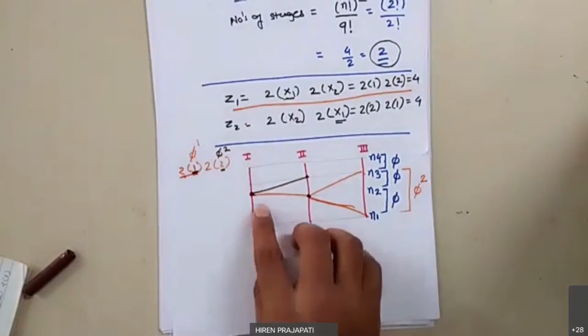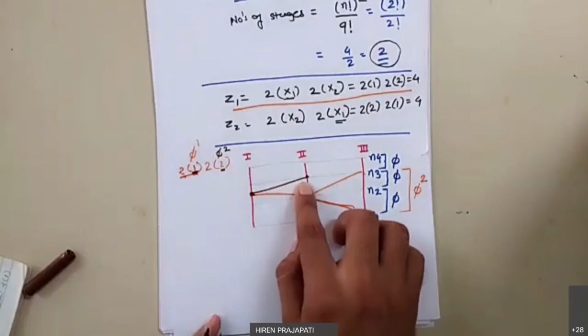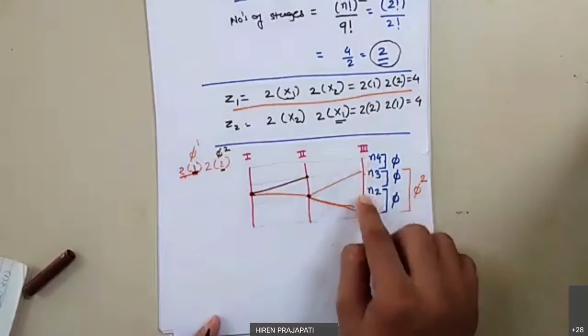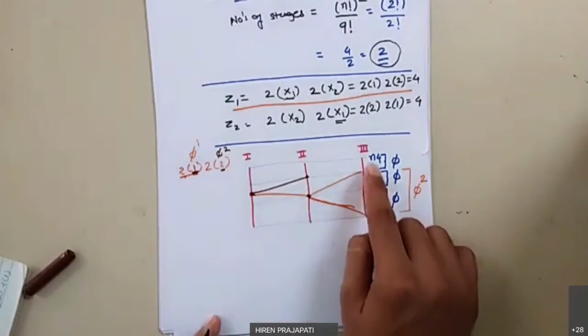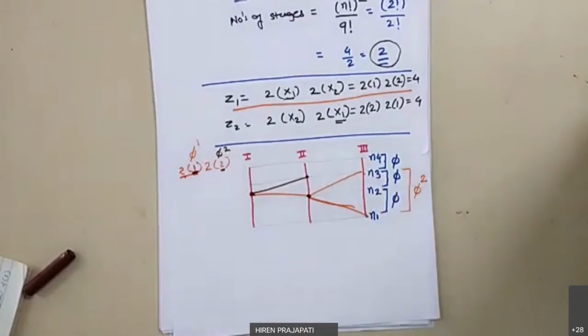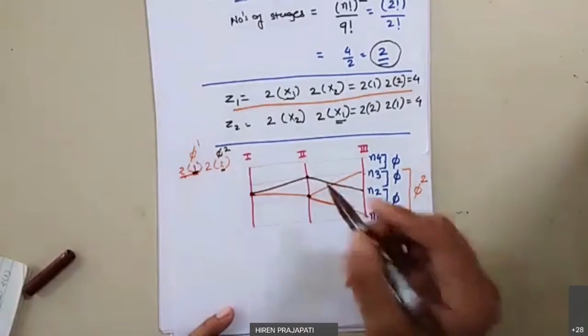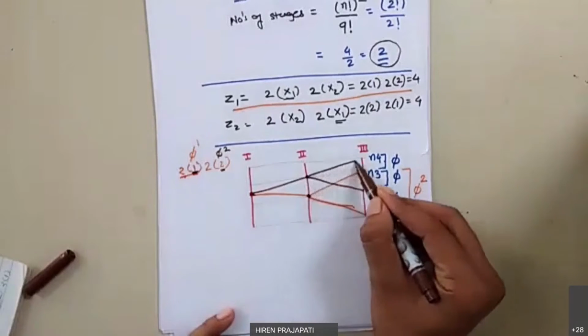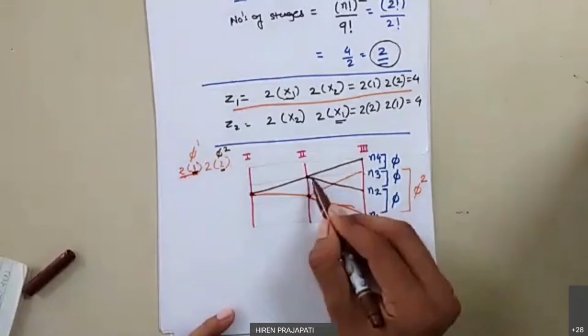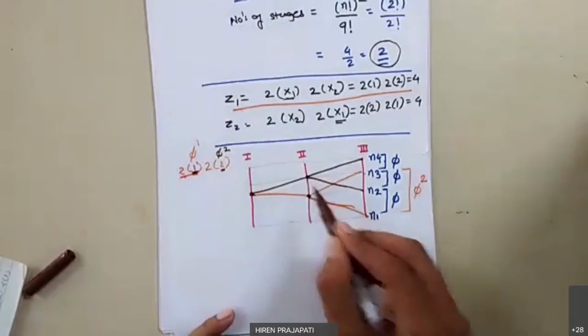Similarly now, if I follow this speed, then this speed again splits into 2 RPMs. Which are the remaining RPMs? N2 and N4. So N2 and N4 will come from this speed N3, which is indicated by brown color, right?